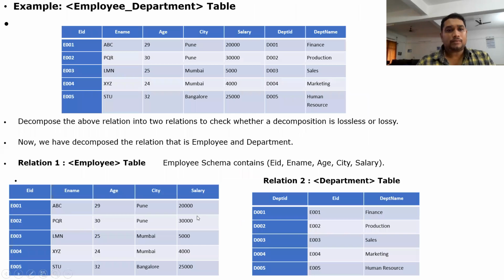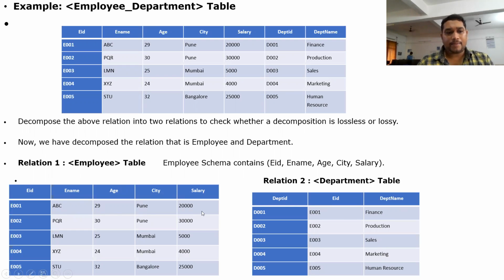Okay, and you take this another example. This is the employee ID, employee name, age, city, salary, department ID, and department name. So you decompose that relation into an employee table and a department table like this. I am dividing by means of employee ID, employee ID, department ID, department. So the combination of these two, one is the employee ID and the second one is the department ID.